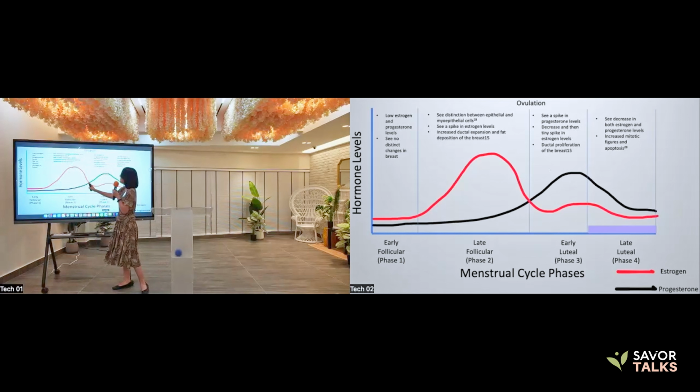Then after ovulation, the progesterone will rise because it is produced by the ovarian cells. And this progesterone will further increase the branching, and the gland becomes bigger in preparation for milk production.